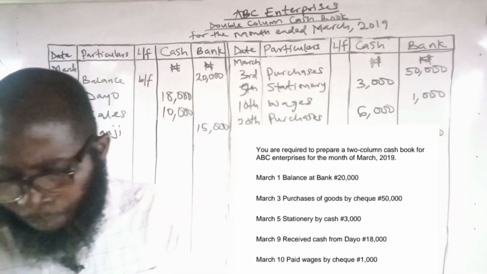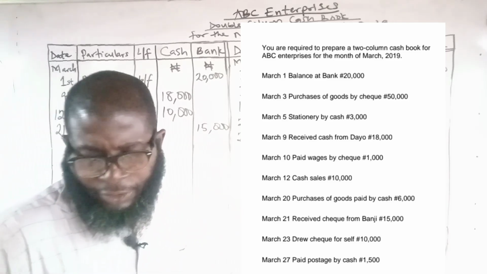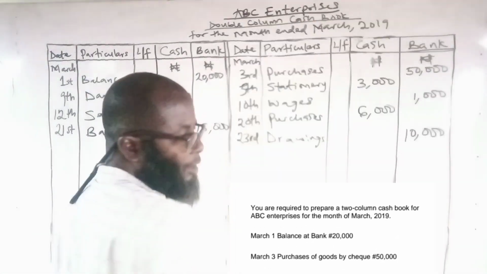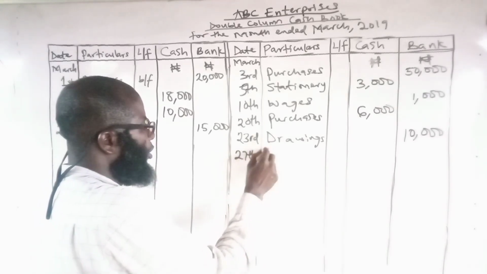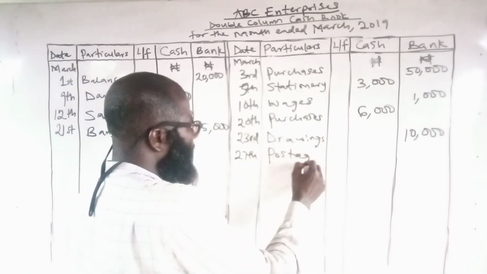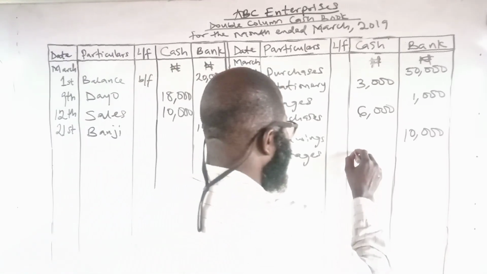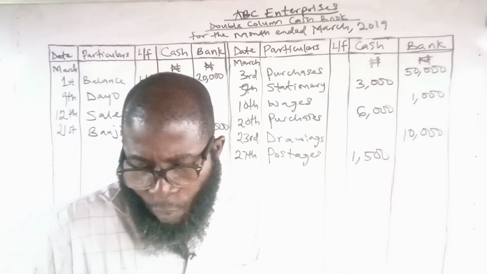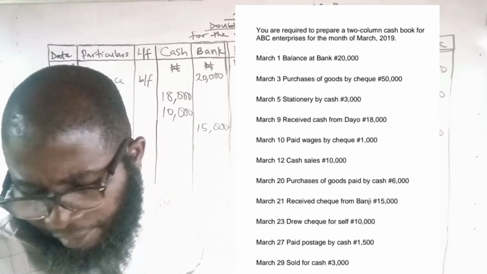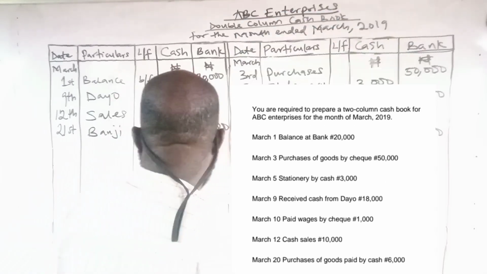Then the next thing, 27th, paid postages by cash, 15. Put 15 here. Then the last one, March 29th, sold for cash, 3,000 naira.